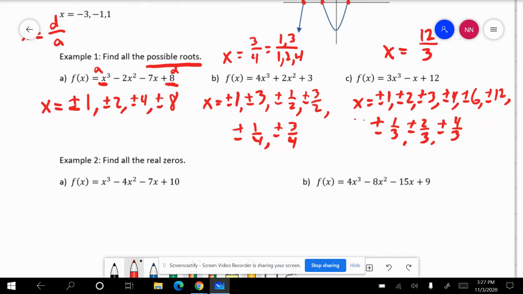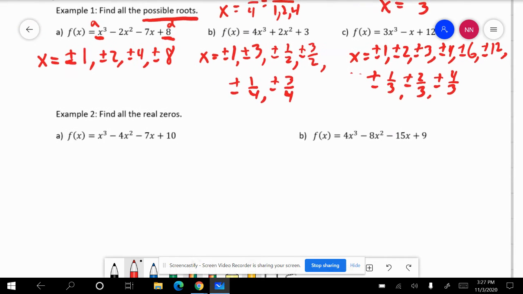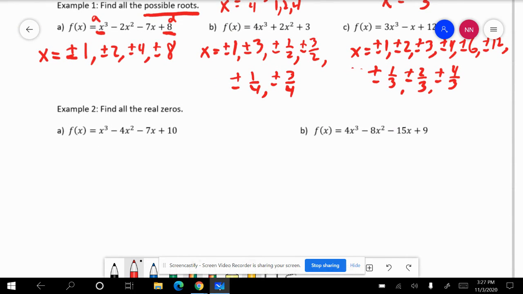Now, we're going to take that information and find all of our real zeros. When we're trying to find all of our real zeros, we're going to go for our plus or minus factors of 10: 1, 2, 5, and 10. And we're going to pick one of the numbers. Now, I'm going to use synthetic division.